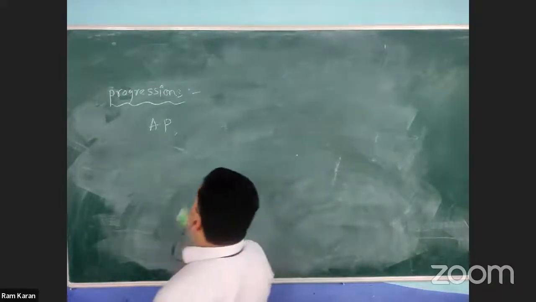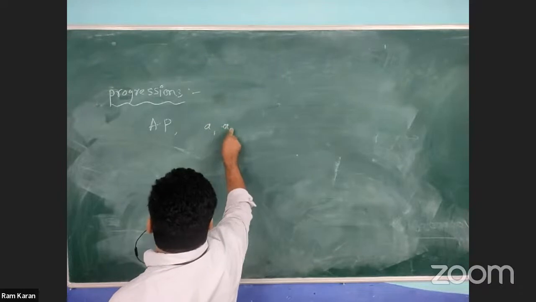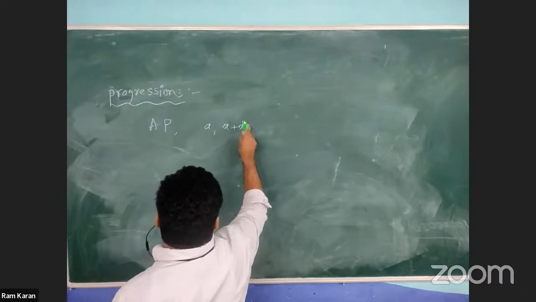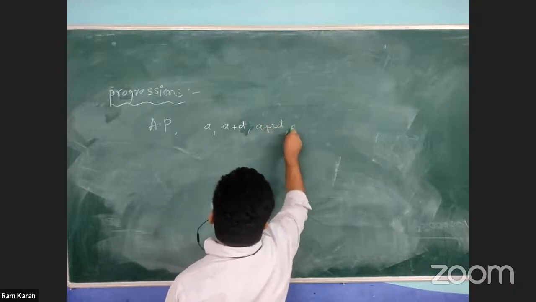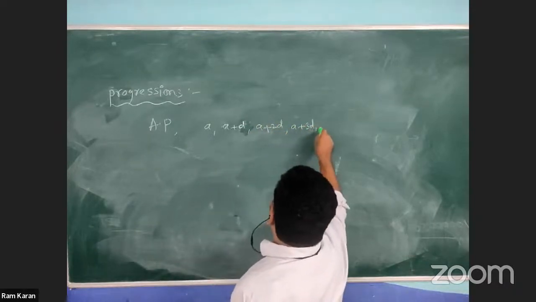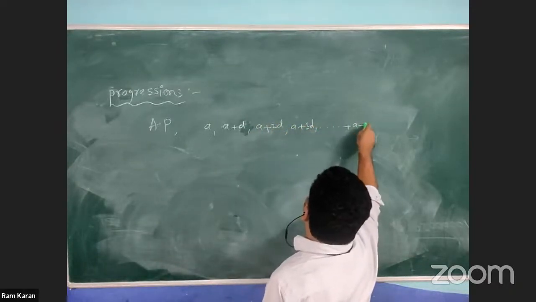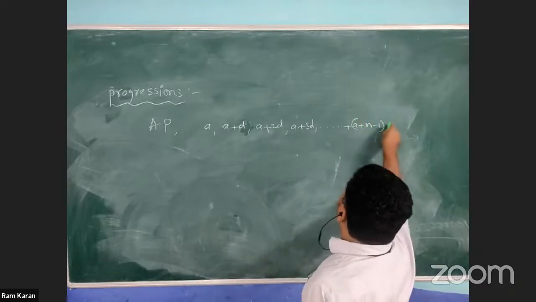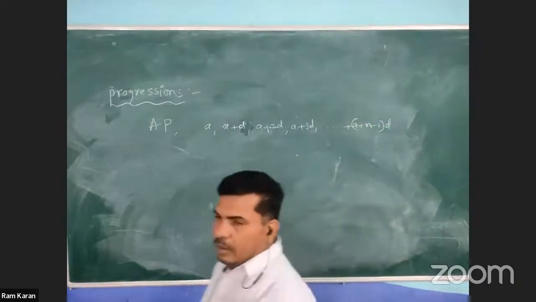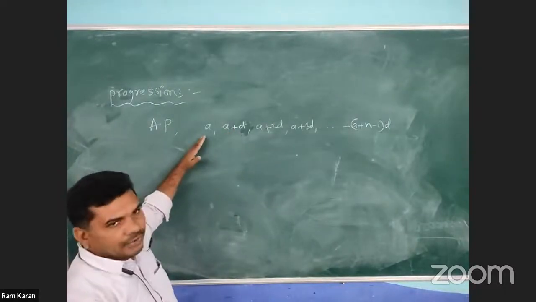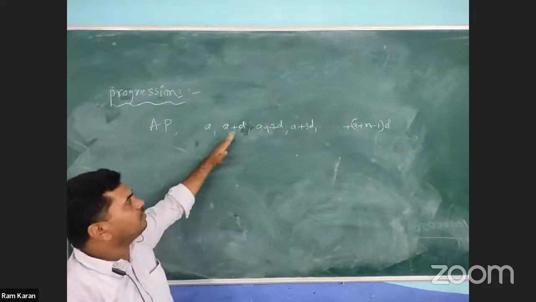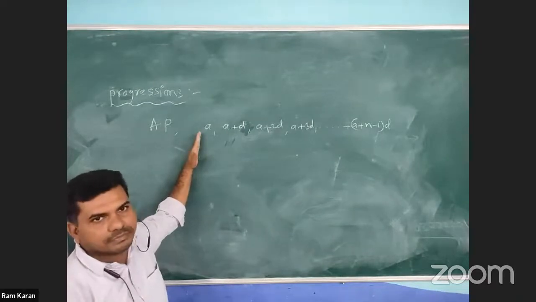Usually we take the arithmetic progression as a, a plus d, a plus 2d, a plus 3d, and so on, a plus n minus 1 into d. See the terms: if I take these two consecutive terms, the difference between these two is d.